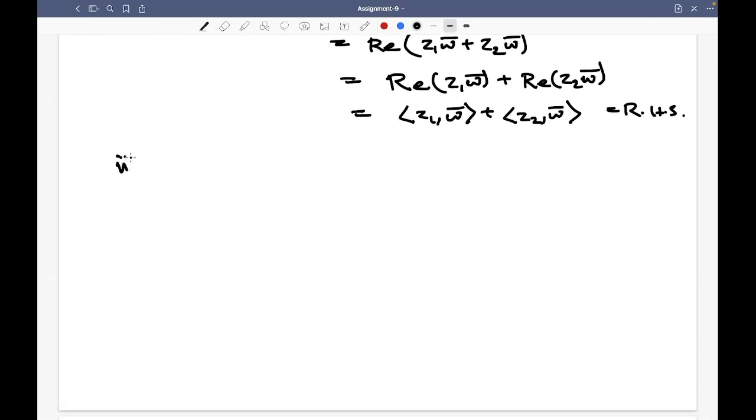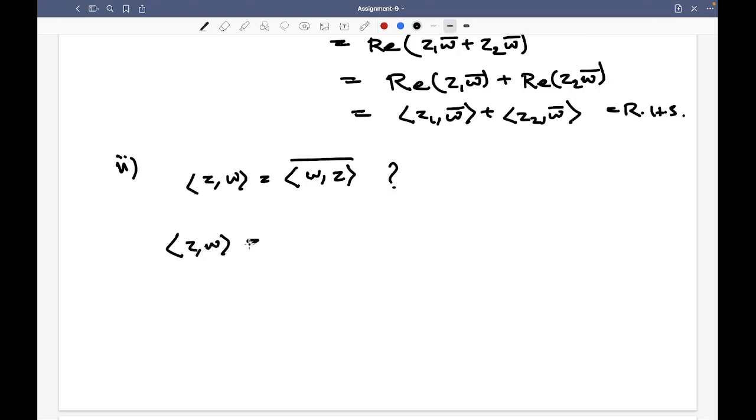Next you have to check that Z comma W equals W comma Z, which is the real part of W Z bar. This is the next condition. So let's check this.